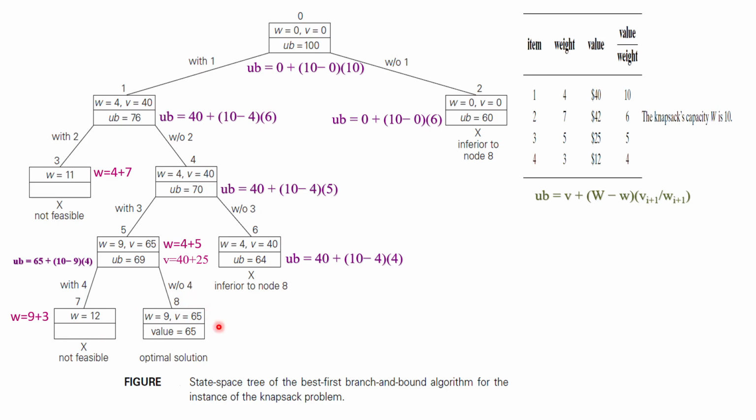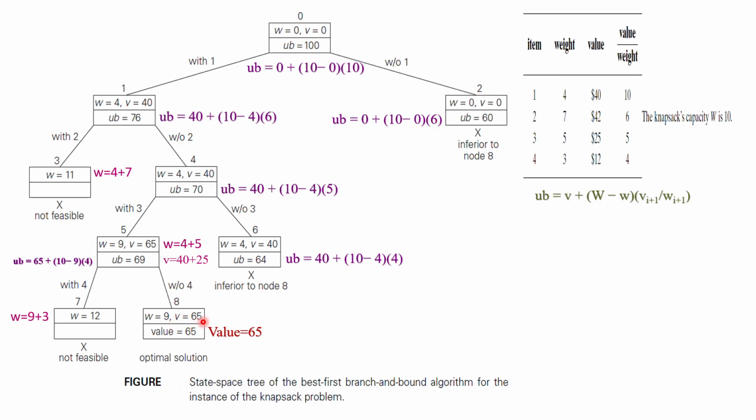For calculating without 4, you would take the value plus the ratio of the next item. Is there any item left? No. This is the last item. Then if it is the last item, you stop finding the UB. Directly you take the value, which is nothing but the V at the end.